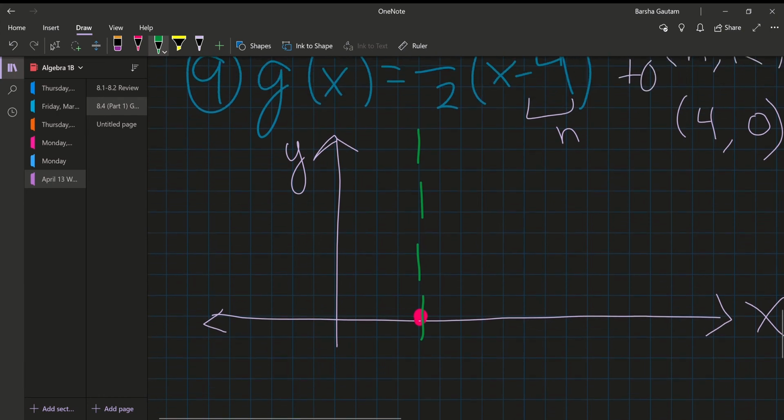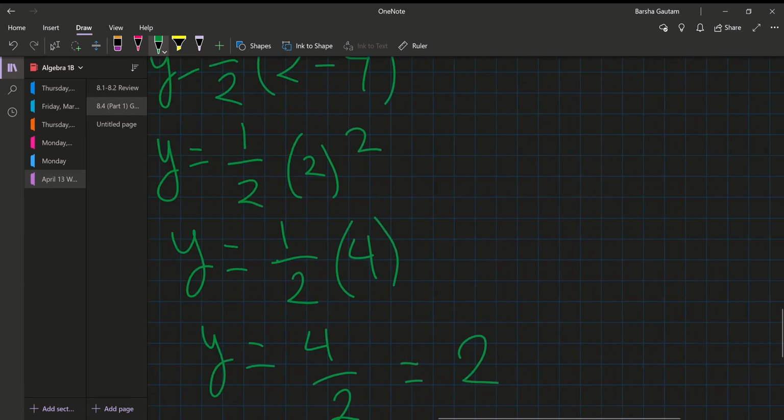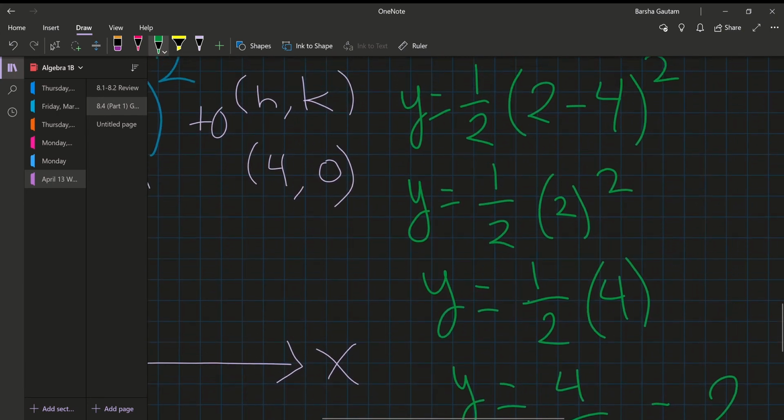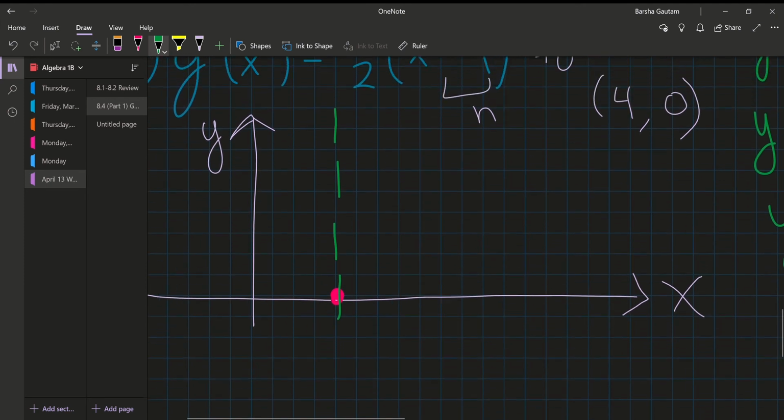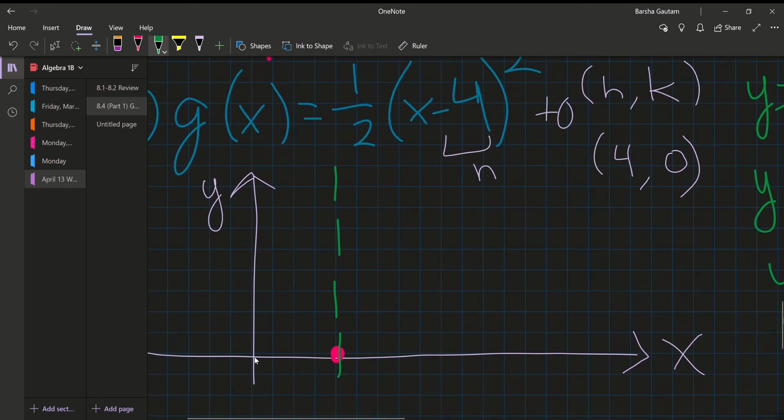So another point that we have is what? We plugged in 2 for x, so our point over here is going to be 2, 2. So let's see. We go 2 to the right and up 2. And then, since we know that it has to reflect across this axis of symmetry, how many points to the left is this one?